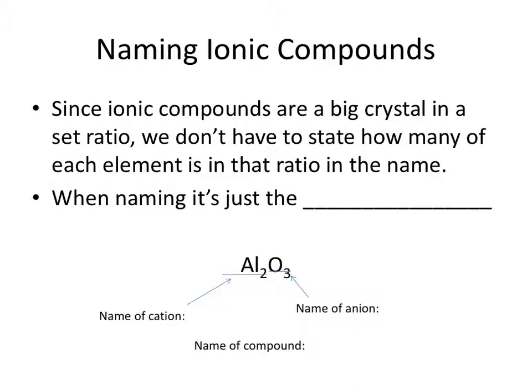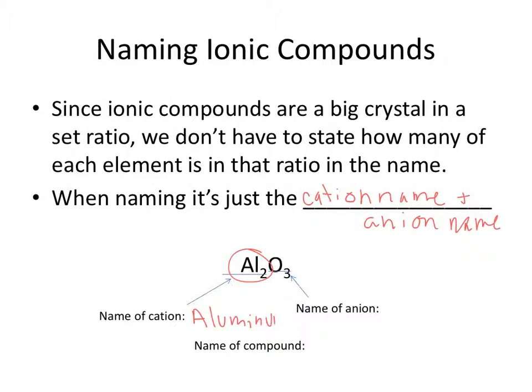When we name them, it's just the cation name, then the anion name. So here, Al, that's aluminum, and O is oxide when it's in its charged form, so it's just aluminum oxide.